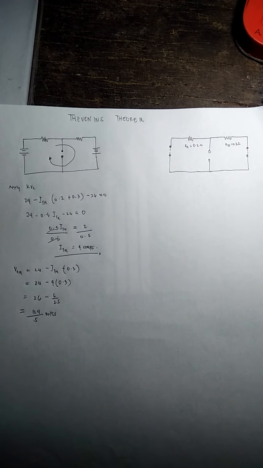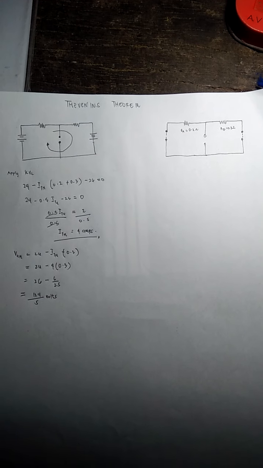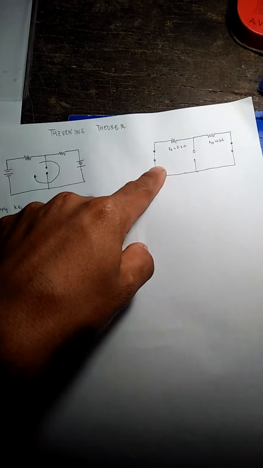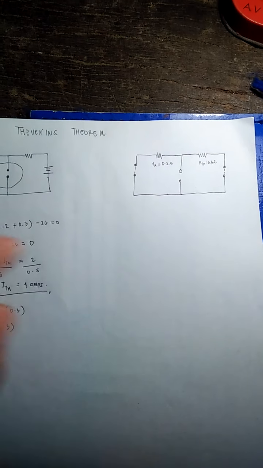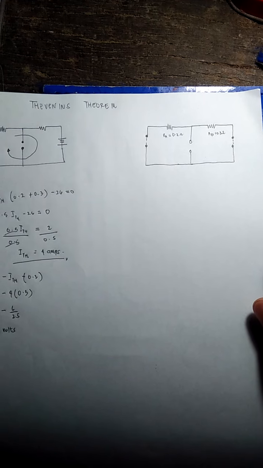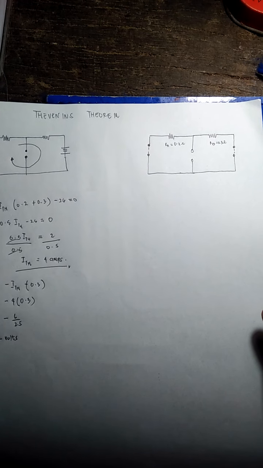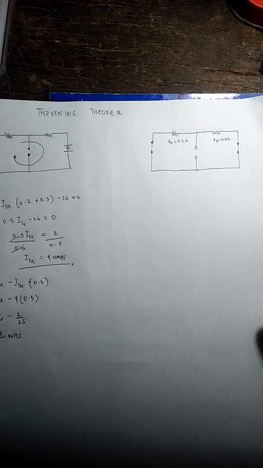And the next thing to do is step 2, compute RO. Short circuit all the independent voltage sources, like this one, our source, and open circuit all the independent current sources. So we can now solve our RO.